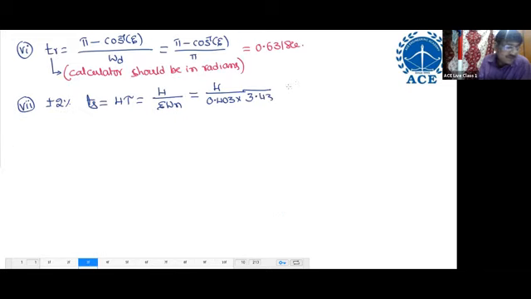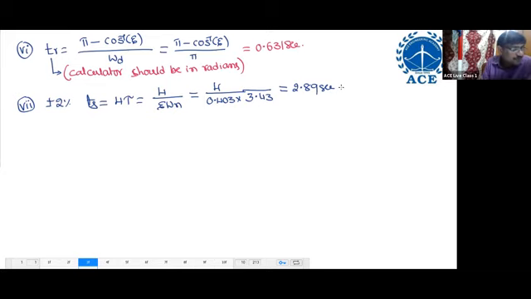So what is the settling time? It is 2.89 seconds.